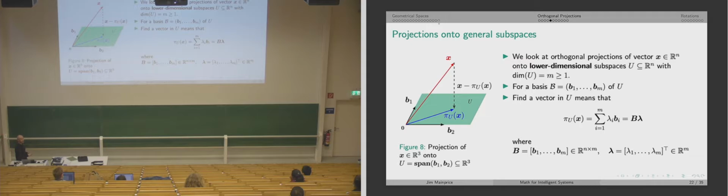Note that the number of rows of that matrix is n, and the number of columns of that matrix is the number of basis vectors in the subvector space U. Okay? So we can write this down like that because we are reasoning in Rn.